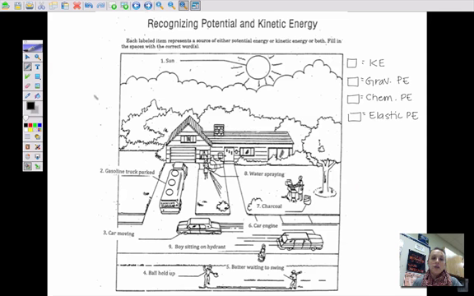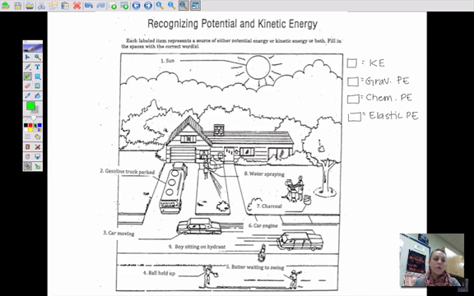On the back of your note sheet, there is a picture. And what you're going to need to do is to draw in these 4 boxes and label them as kinetic energy, gravitational potential energy, chemical potential energy, and elastic potential energy.